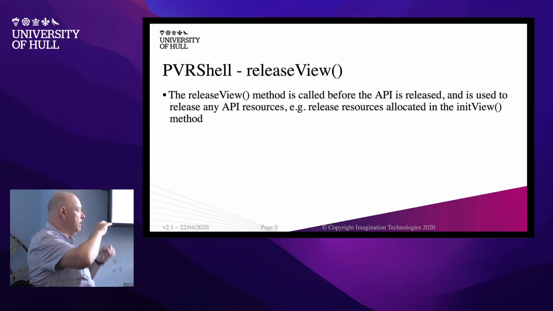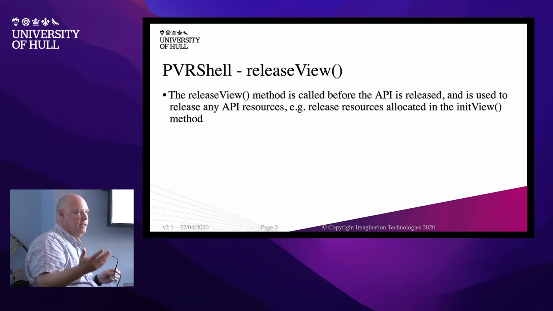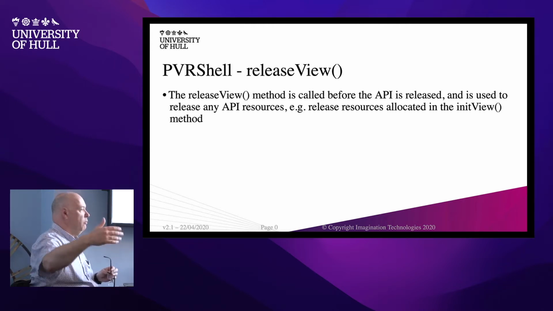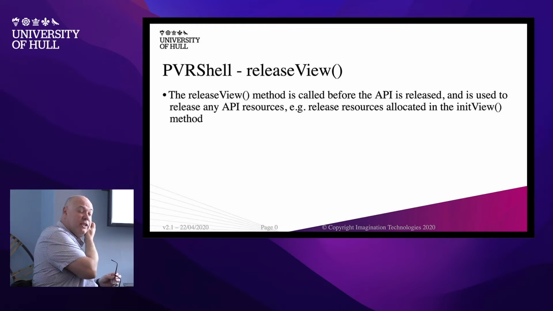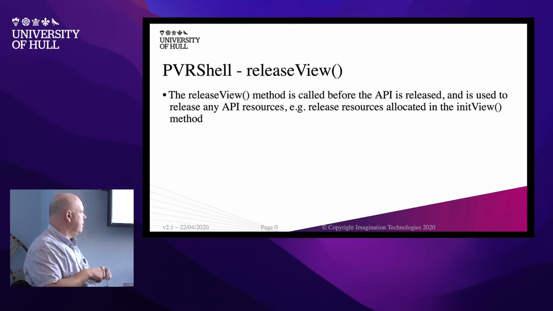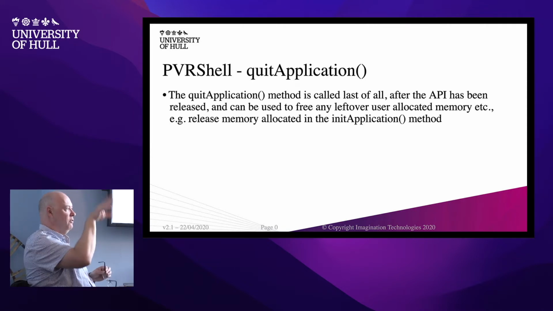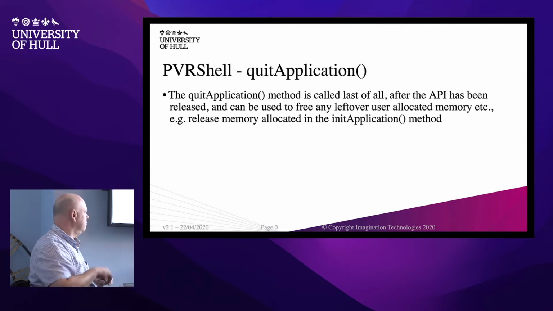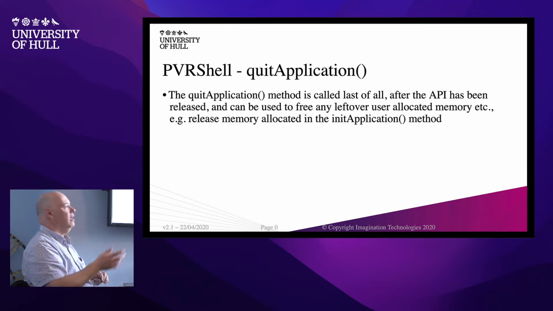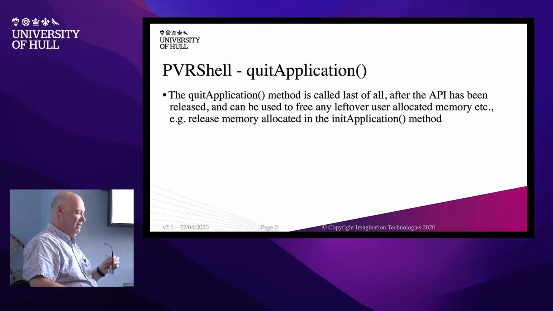Okay, so if you've created a buffer, we should be releasing that buffer. What we don't want to be doing is chewing up and leaving memory on the GPU. So if we've created memory on the GPU, we want to be getting rid of it. Likewise, with the quit application, if you've created any memory on the heap or something, you want to be getting rid of that appropriately. Although my students never seem to do that.